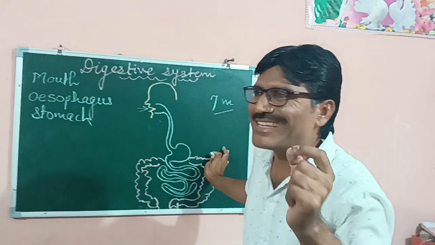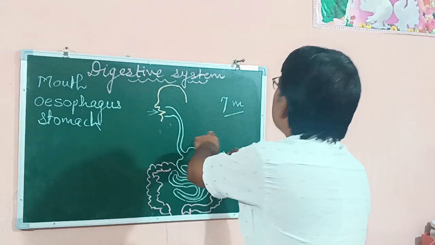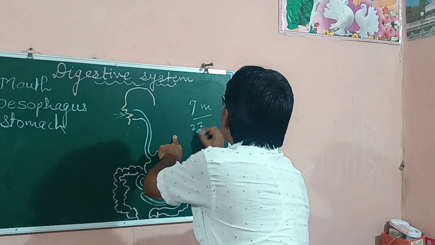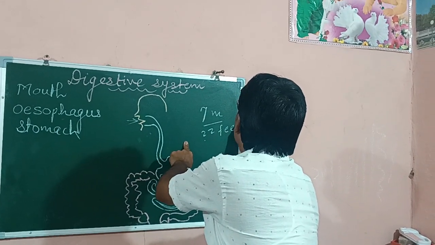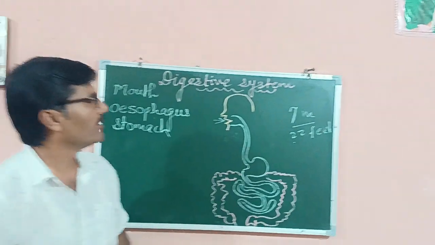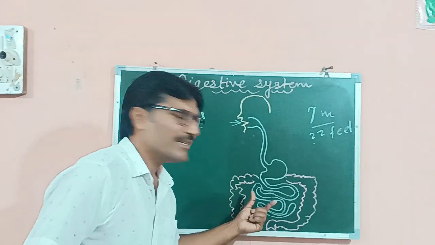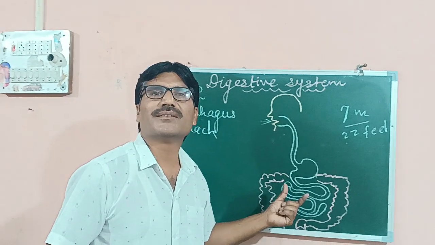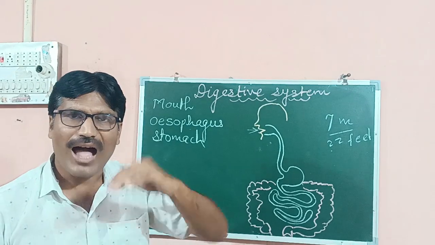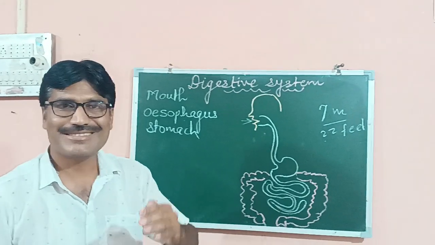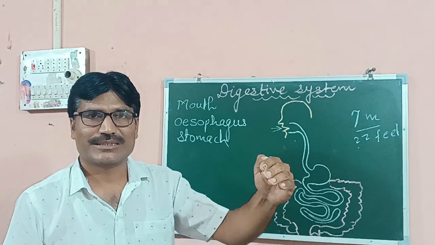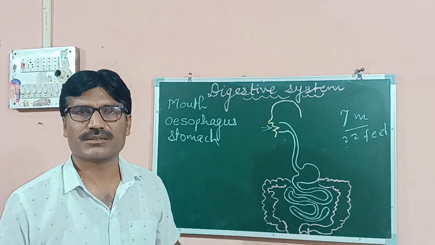That means the small intestine is 7 meters long, or up to 22 feet long. You know what is the amazing thing about the small intestine of a human being? It is 3.5 times the body's height.